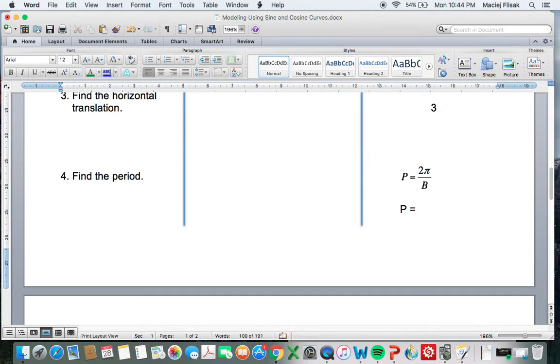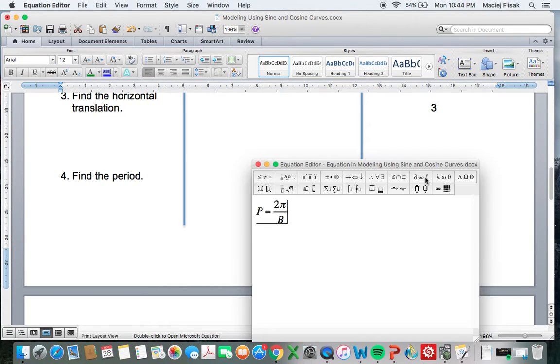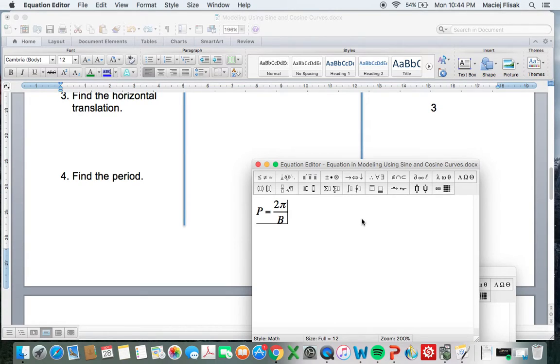So the period, in this case, for this example, equals 6. All right, so knowing the period now allows us to use this period formula to figure out what the b value is. So I can rewrite that formula, this one here. We know the period is 6, and then 6 equals 2 pi over b, all right?